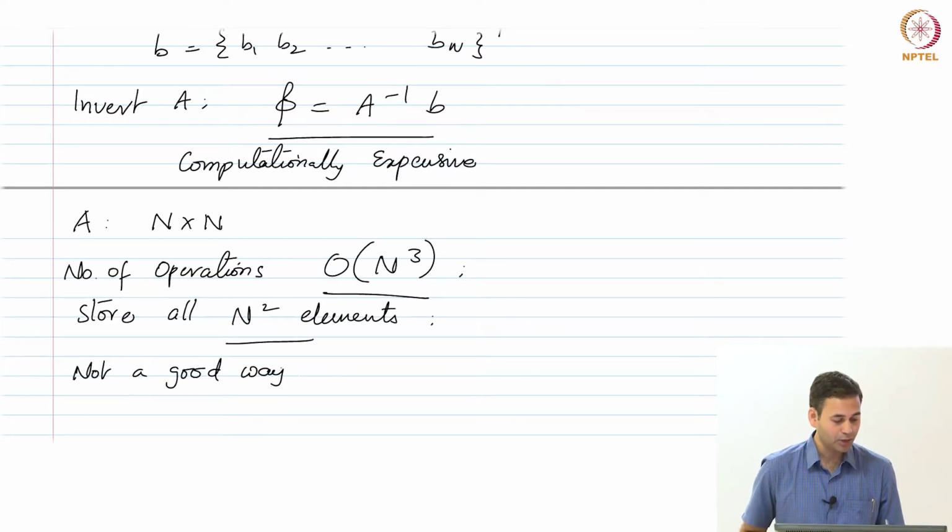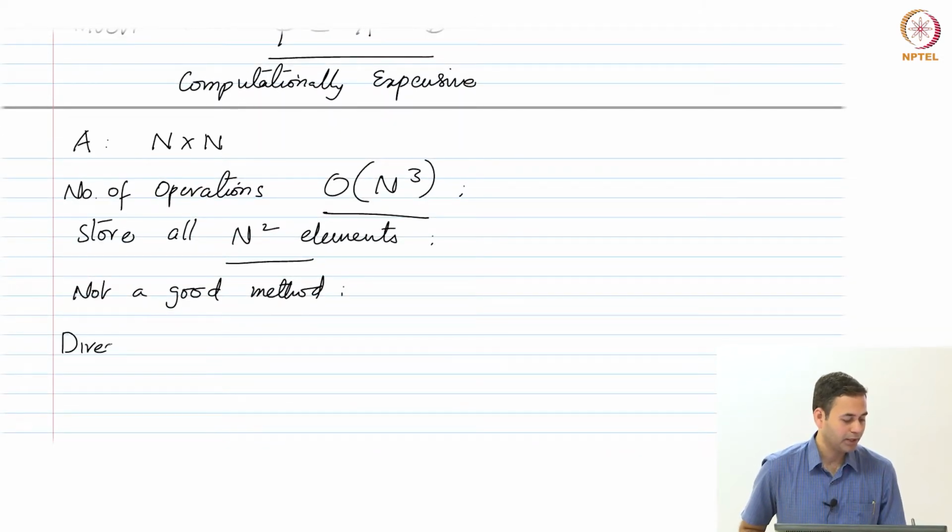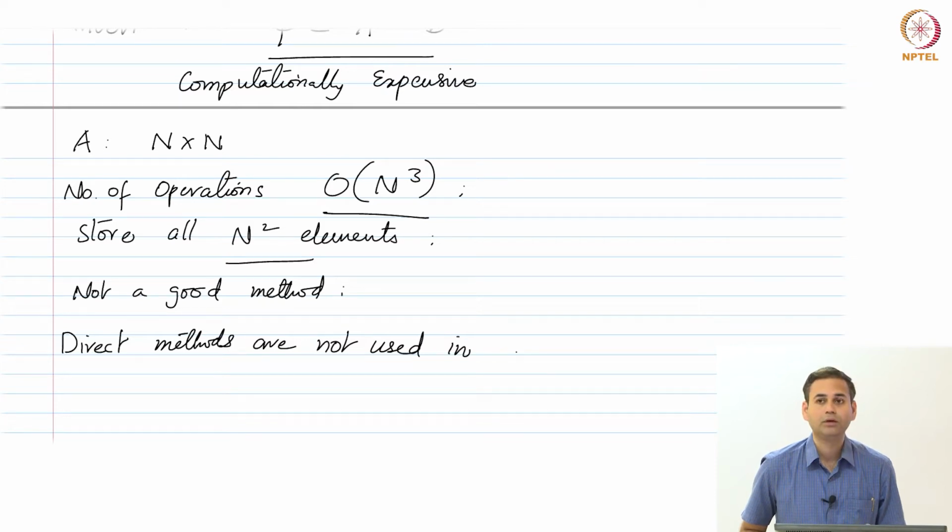So, it is not a good method, because it is not considering the sparsity or the banded nature of the matrix that we have, okay. That is why we do not prefer direct methods. That is why the direct methods are not used in simulations of, let us say, fluid flow and heat transfer, so in CFD today, okay.